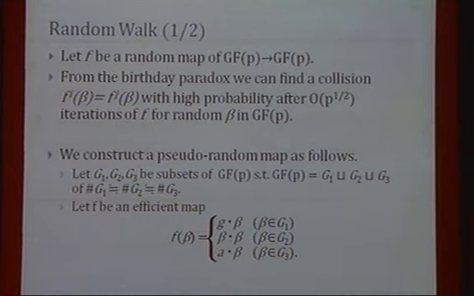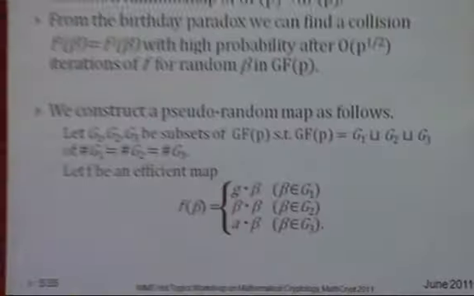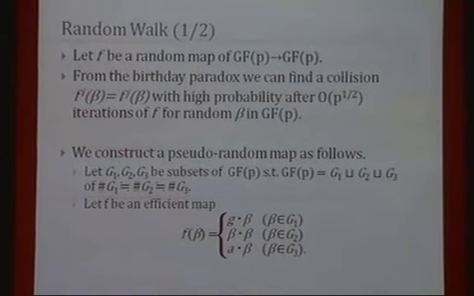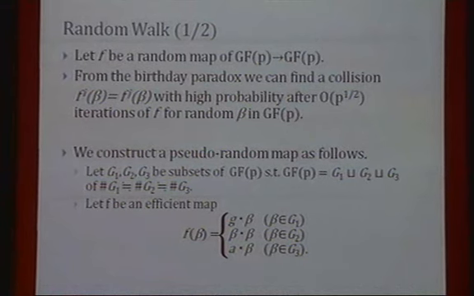Then let's compute like this. So we are dealing with a group. Therefore, the group has one operation, the multiplicative operation. If beta is in G1, we just multiply by the base point g. And if beta is in G2, we compute beta squared.